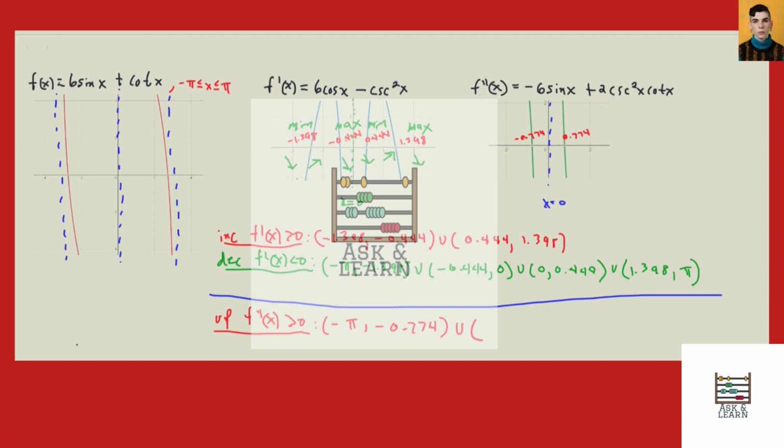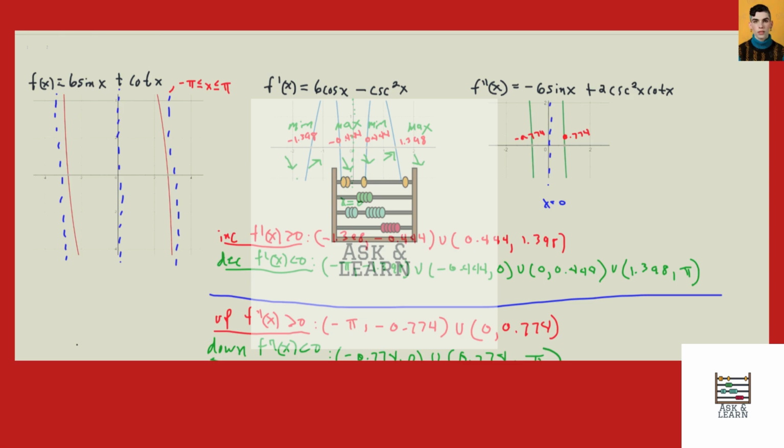And then it starts to be positive on the right side of our vertical asymptote, so it'll be 0 to 0.774. Now for where it's concave down, we just look for where f double prime is strictly less than 0, and that will just be the remainder of the interval: negative 0.774 to 0, unioned with 0.774 to pi.